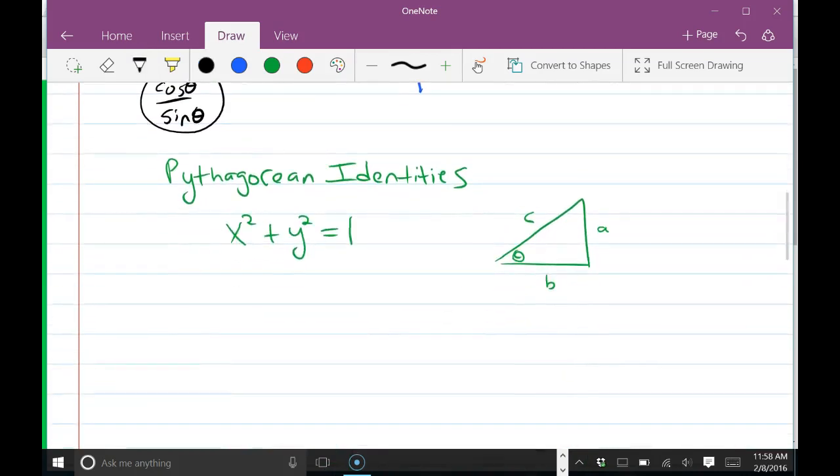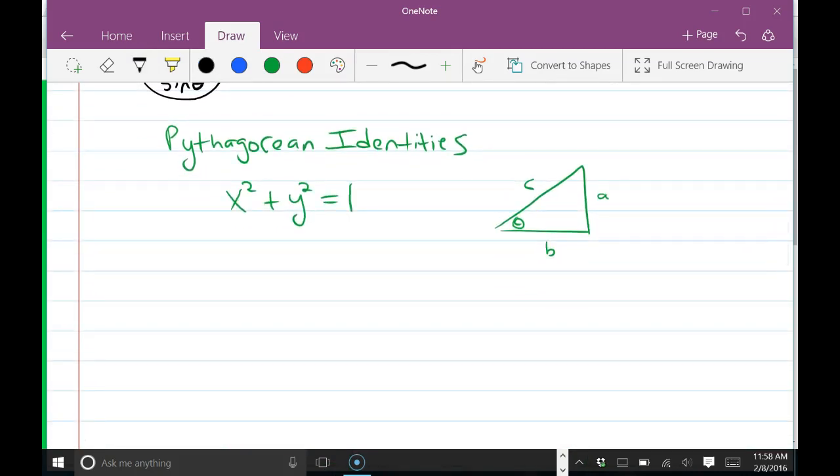The next set are what we call the Pythagorean identities. Remember how x squared plus y squared equals 1 on the unit circle? That's its equation. Well, if you remember correctly, the x is the equivalent of the cosine of the central angle. So we could call it cosine theta squared. The y is equivalent to the sine of theta.